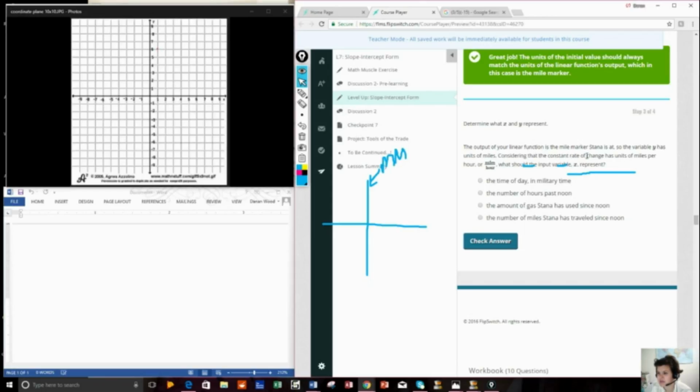Considering that the constant rate of change, or our slope, 75 miles per hour, has units of miles per hour, or miles divided by hour, what should the input variable x represent? It should be our hours, the number of hours past noon, because that is when she started to take notice of time.